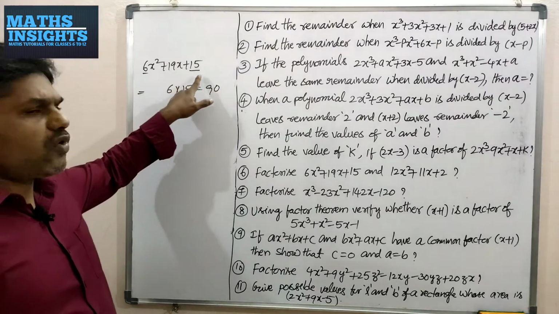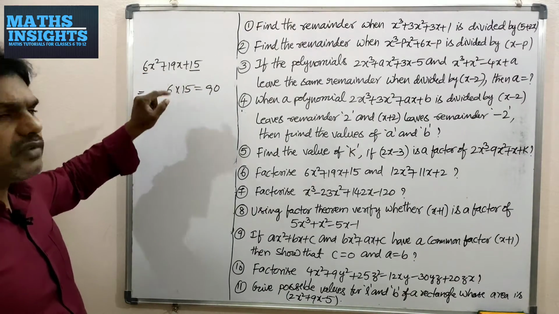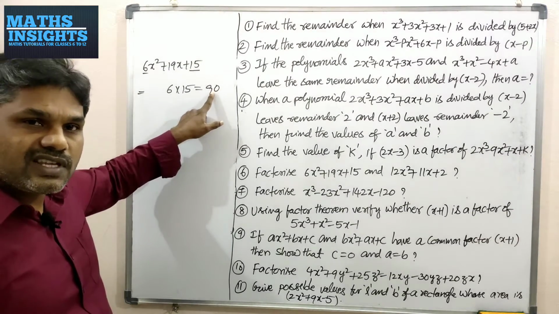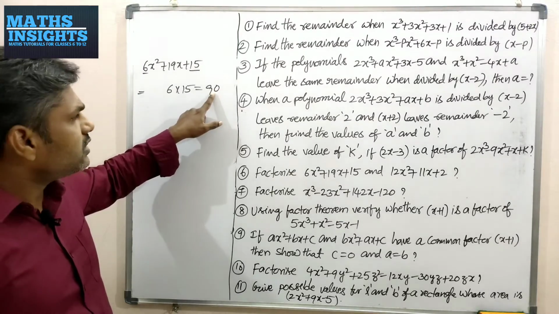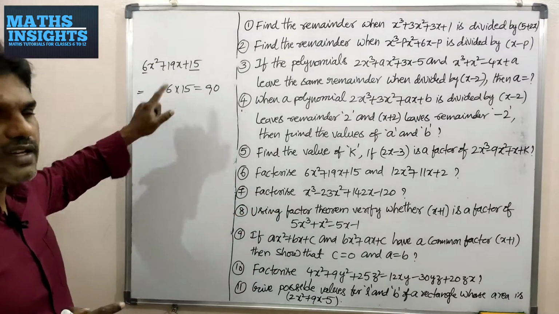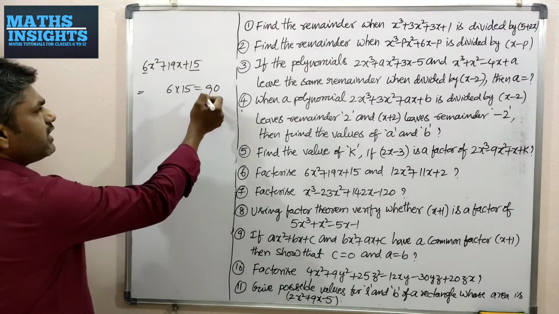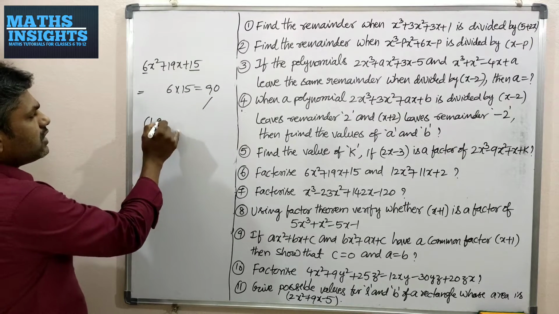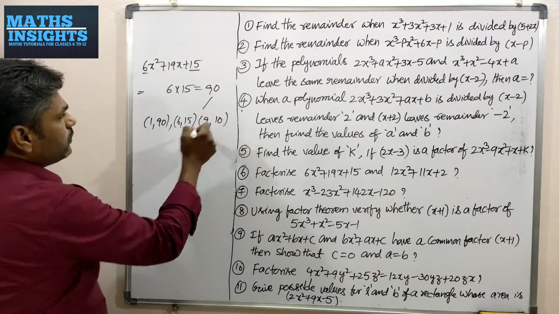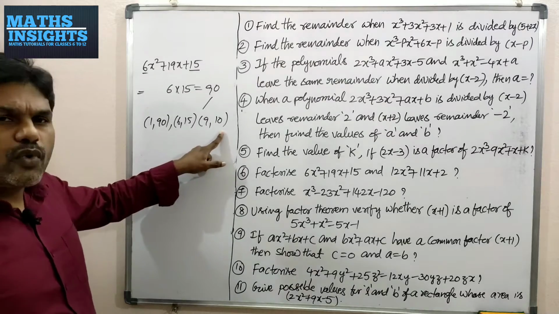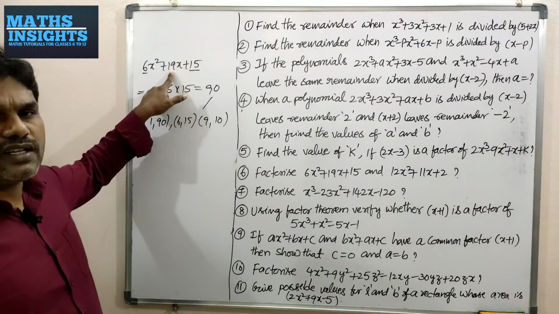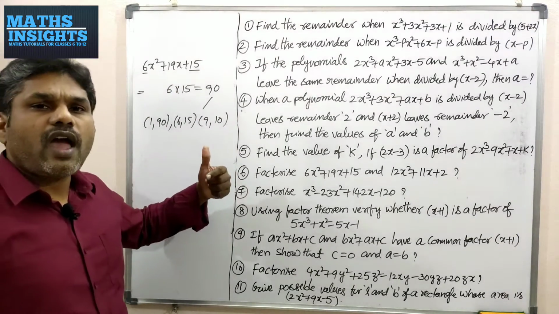After finding the product of the constant and coefficient of x square, you have to find the factors of this number in such a way that if you add or subtract those pair of factors, you get this 19. See, I am finding possible factors for 90. That means 1 comma 90 maybe, and also 6 comma 15, 9 comma 10 also. So in these possible factors, I have to check where I get this 19 when subtracted or added.